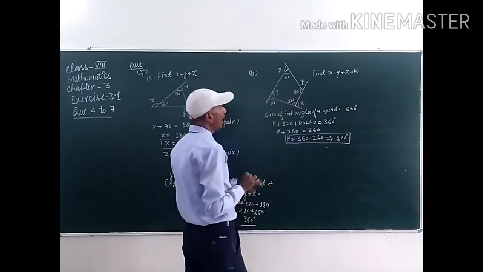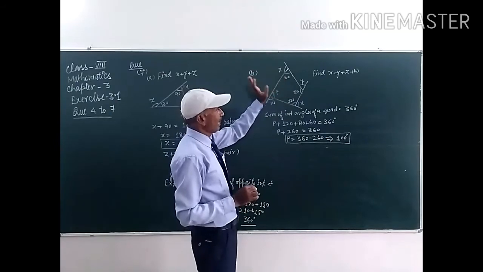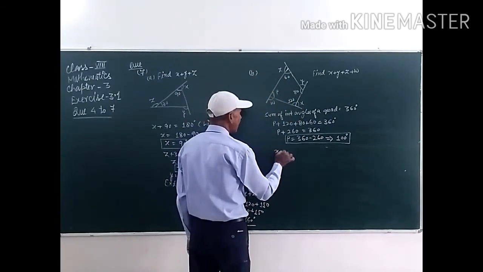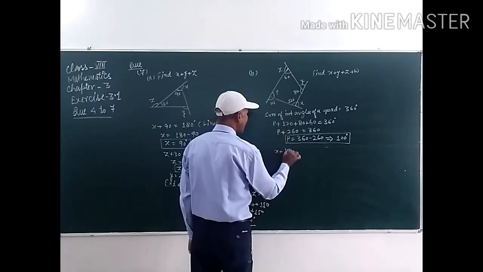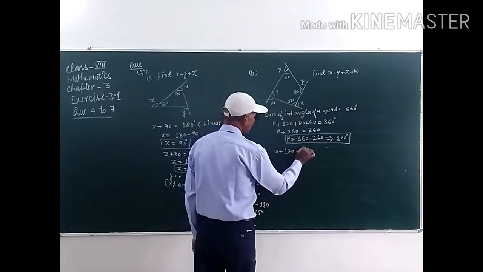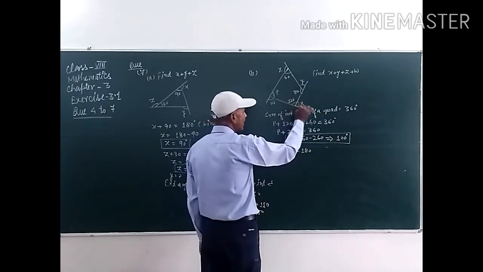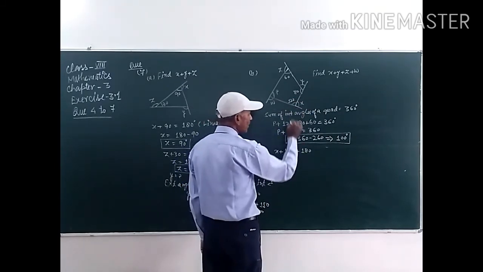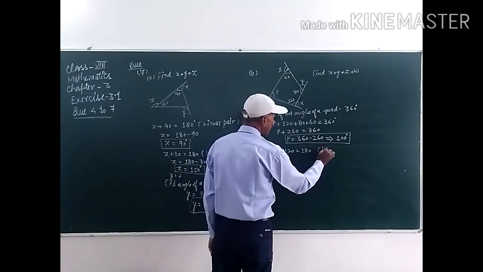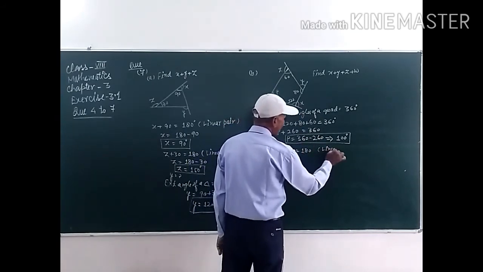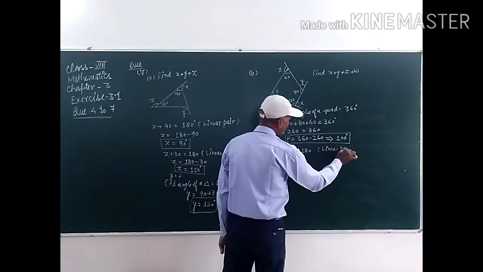Now we have to find out the value of all exterior angles. X plus 120 is equal to 180 degrees. Student, these angles are on a line, so these angles are linear pairs. So their sum will be 180 degrees.